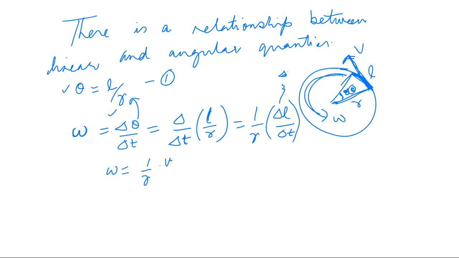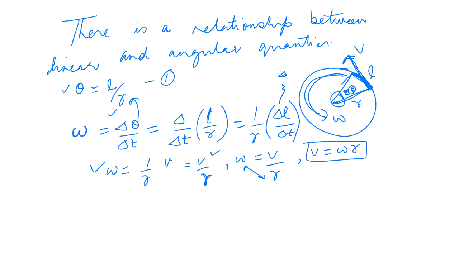Therefore, there's a relationship between linear velocity and angular velocity through radius r. I explained this in my video lecture: angular velocity is greatest towards the center because there's a reciprocal relationship between radius and angular velocity. Linear velocity can also be represented, if I multiply both sides by r, as omega r.